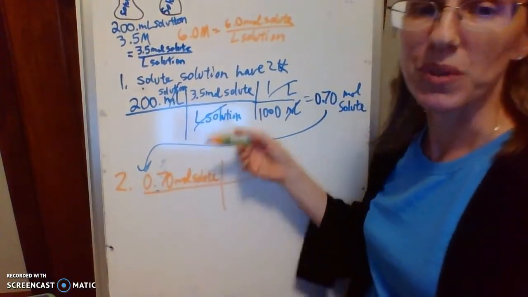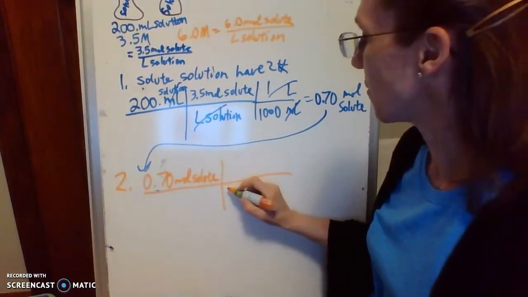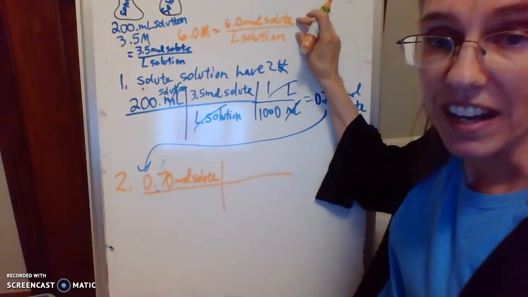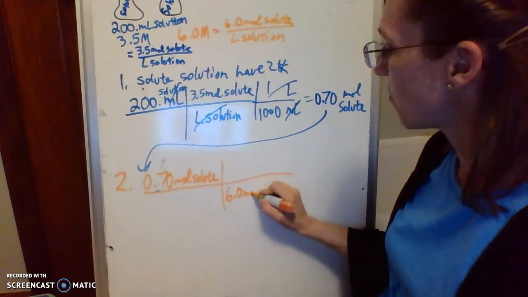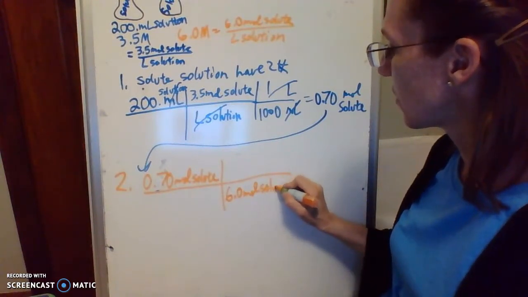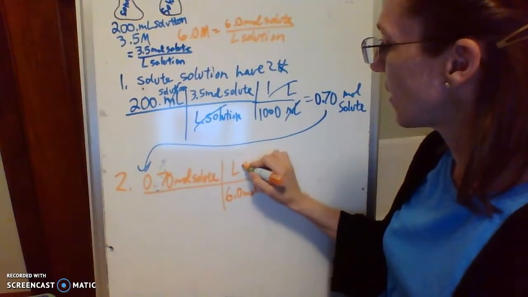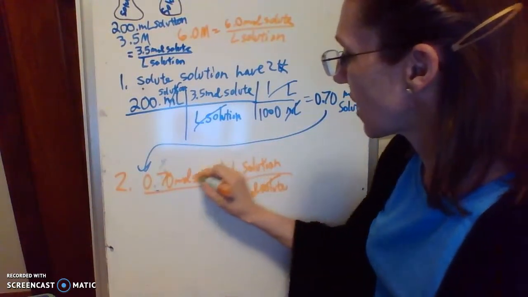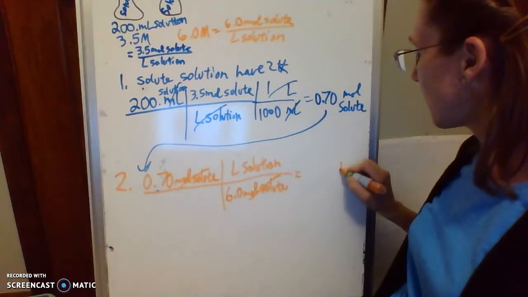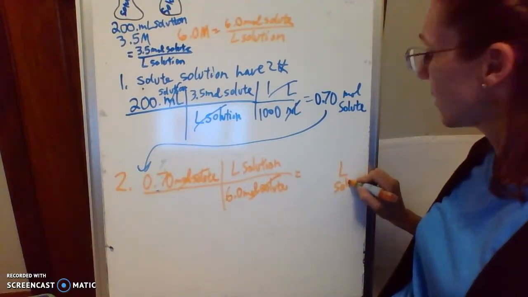Moles are on top, so we need moles in the bottom to cancel out. So we have to take our conversion factor here and flip it. We're going to put 6.0 moles of solute per liter of solution. The moles cancel out. The only thing left is liters of solution.